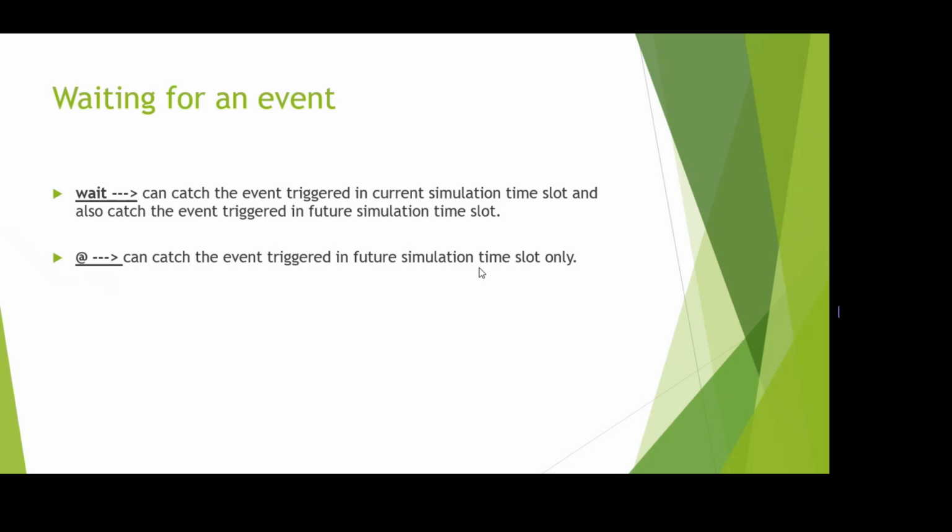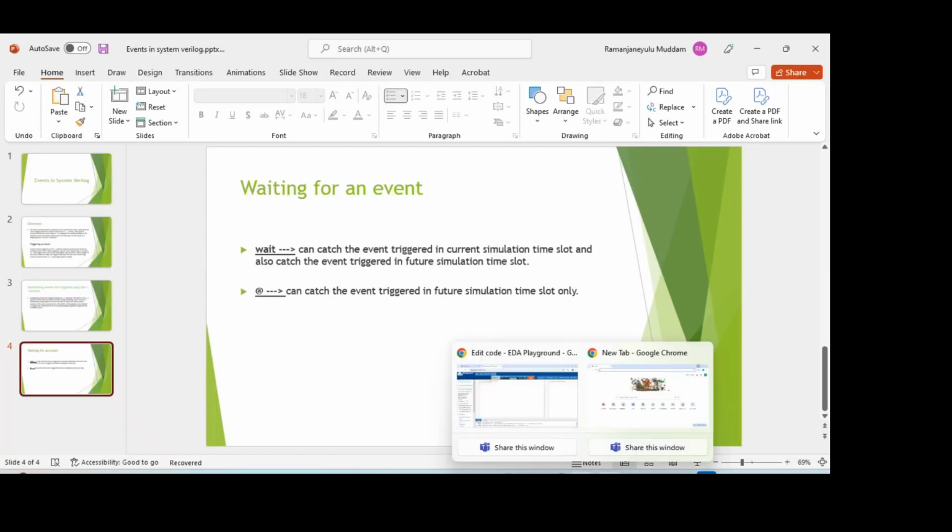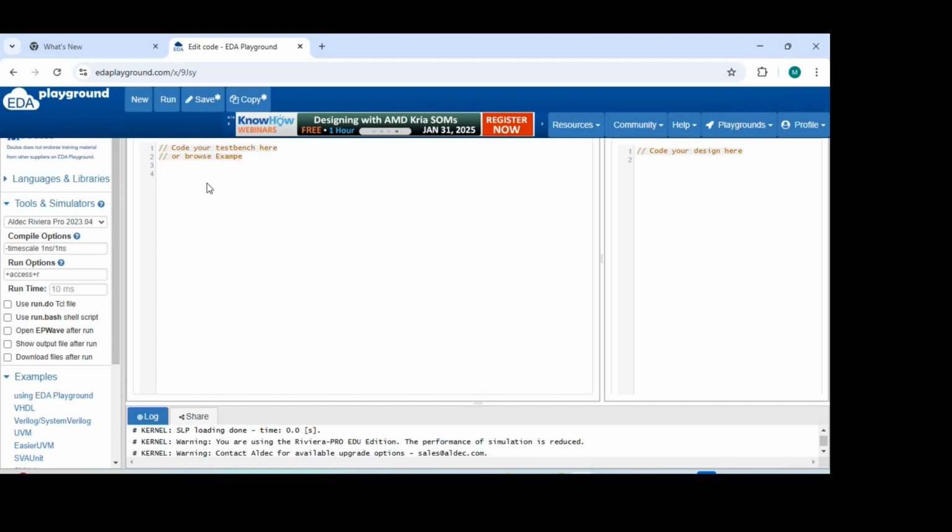Now let's write code for it, so we can understand easily. Let's declare event E1. Here we have two processes, process one and process two.